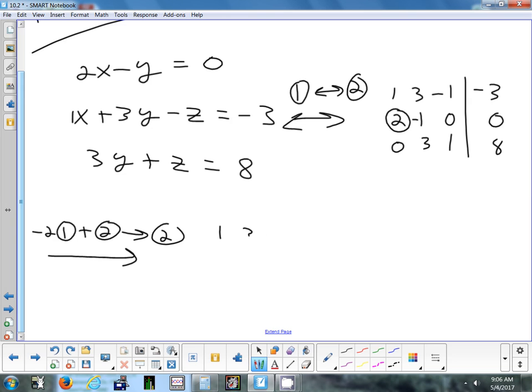So we have 1, 3, negative 1, negative 3. 1 times negative 2 gives me negative 2 plus 2 is 0. 3 times negative 2 is negative 6, minus 1 is negative 7. Negative 1 times negative 2 is 2, plus 0 is 2. Negative 3 times negative 2 is 6, plus 0. Okay on that row.